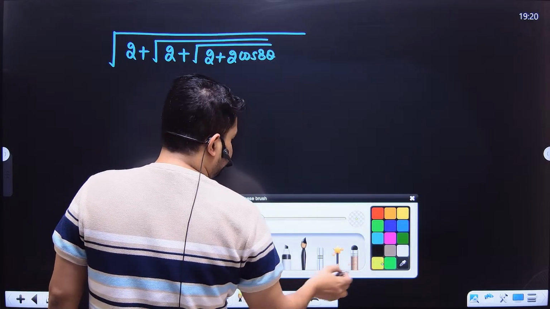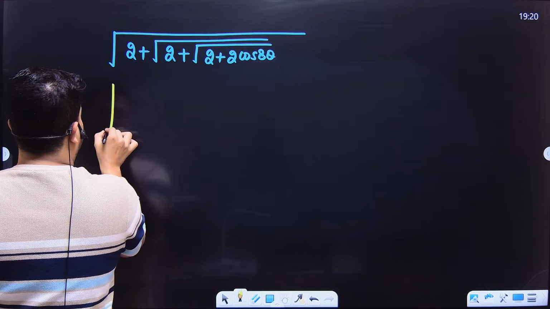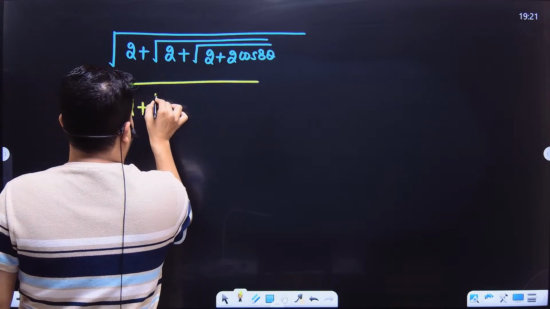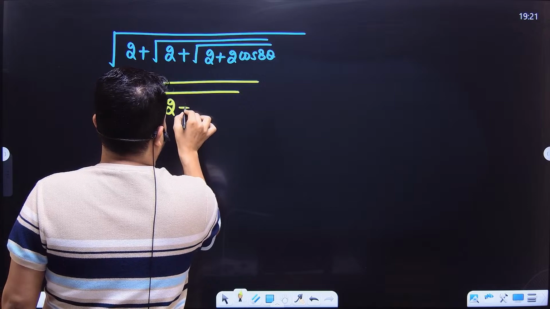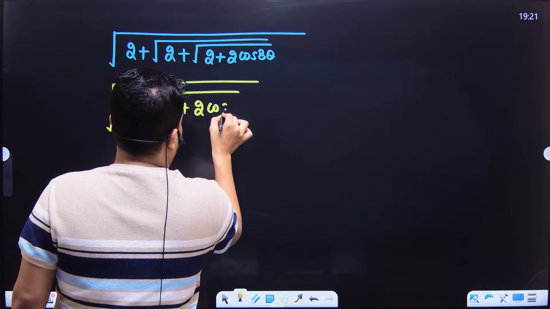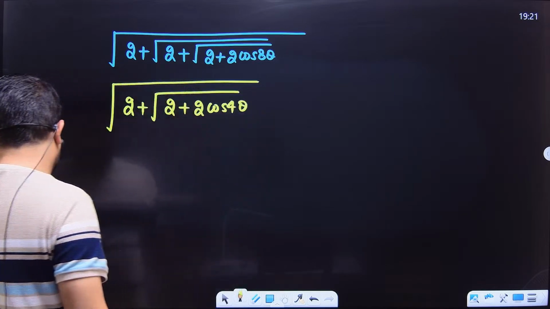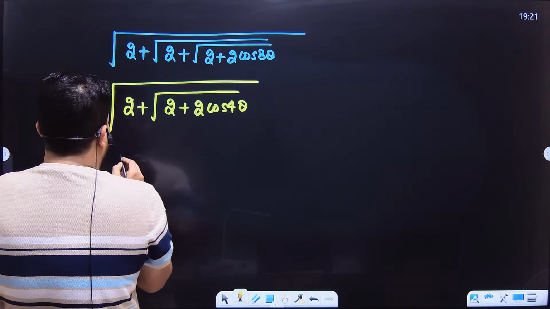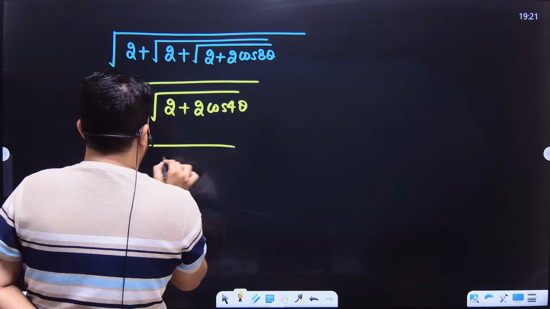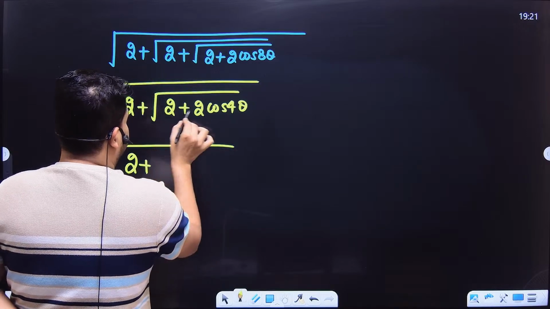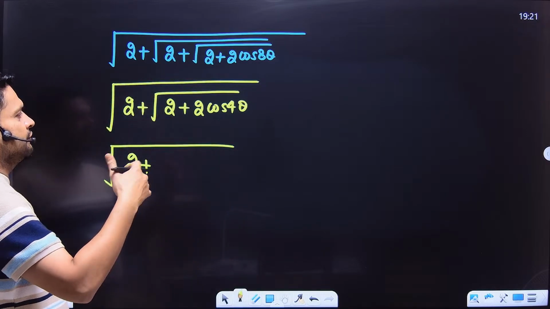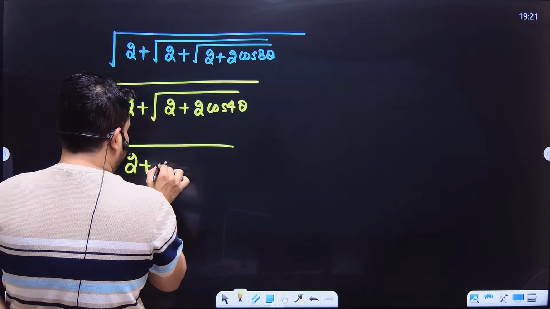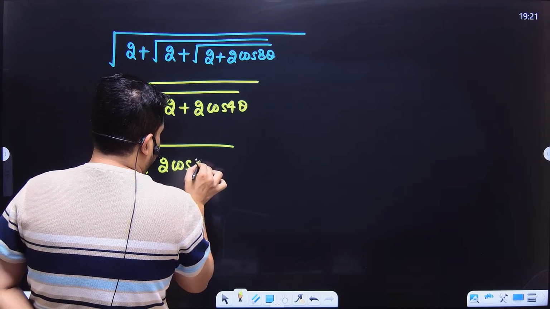If I solve the first square root, then what I have, 2 plus 2 plus 2 cos 4 theta. See, as I have solved it. If I take 2 common, then I have 2 plus, 1 plus cos 4 theta. It would be 2 cos square 2 theta. It means I have 2 cos 2 theta.